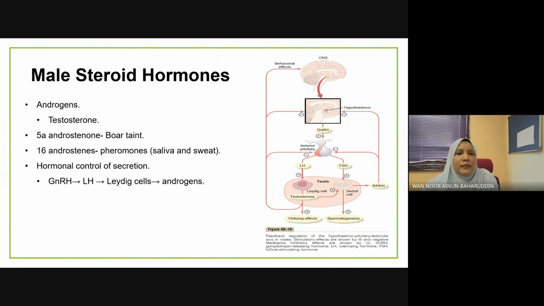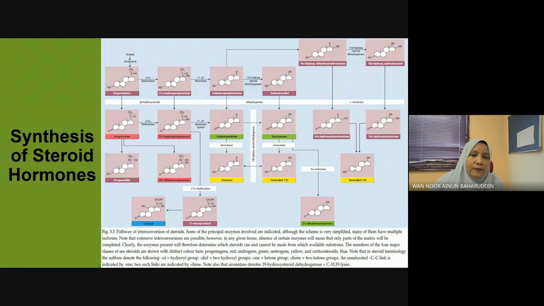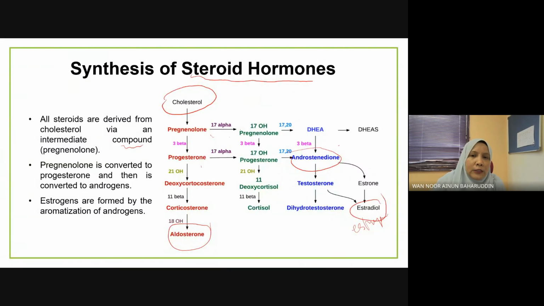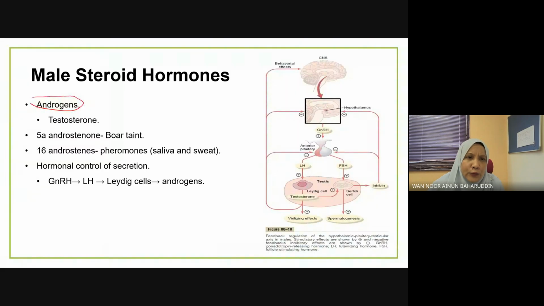Do we have male steroid hormones? The androgen itself will be converted into testosterone. Testosterone is present in both, but more in one than the other.